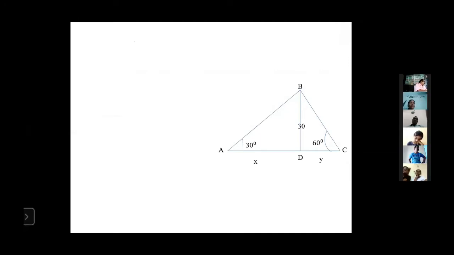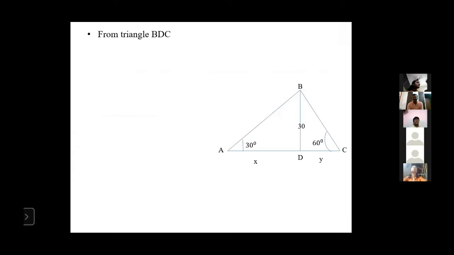Now let's find the distance of CD. In the triangle BDC, again the angle is at C. For this angle, BD is the opposite side and CD is the adjacent side. So we take tan 60. Here tan 60 is equal to BD by CD.